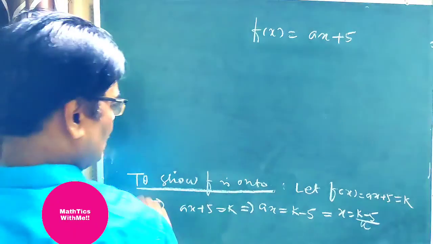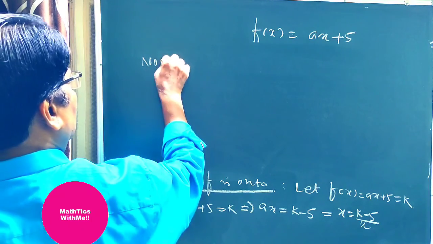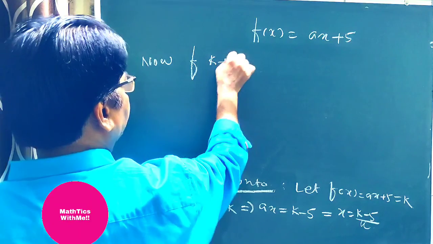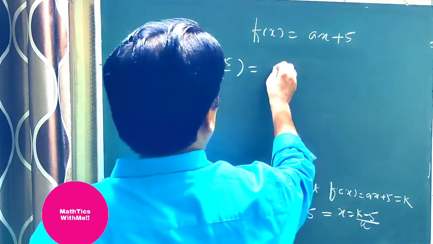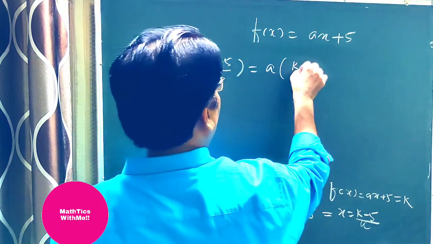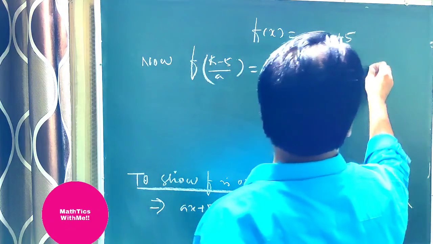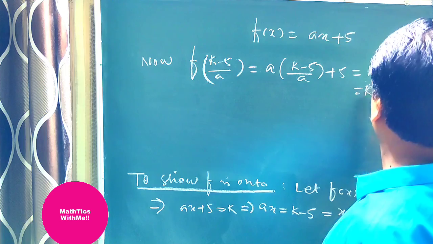Now, a times (k minus 5) by a plus 5 is equal to k minus 5 plus 5 is equal to k.